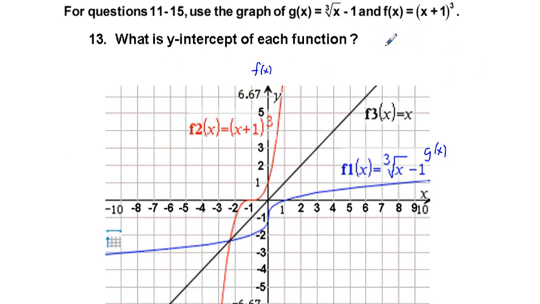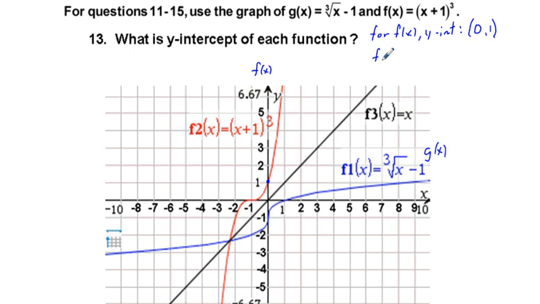And so the y-intercept of each function, we're going to say for f of x, y-intercept is going to be, looks like, we have 0, 1.